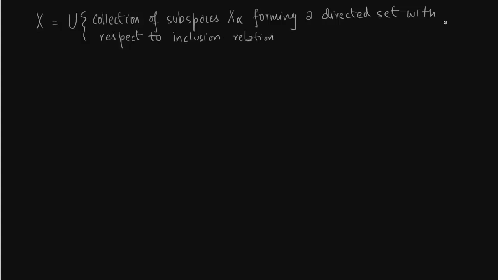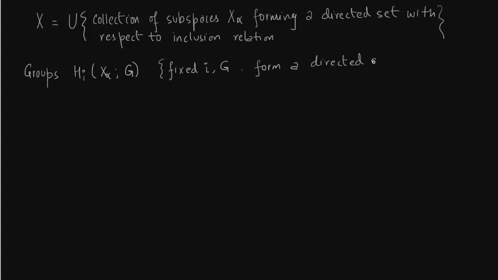What we want to do is define homology groups. Notice I'm talking about homology groups, not cohomology groups. So you fix an i and a group G and you form a directed system. Obviously this directed system comes from the inclusion maps.